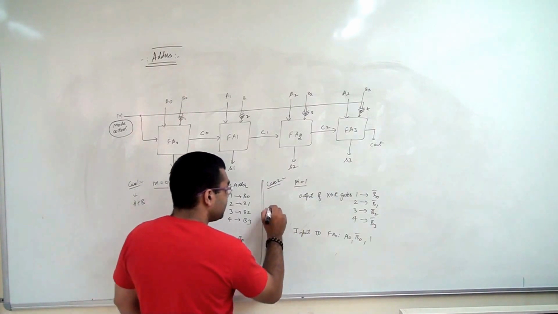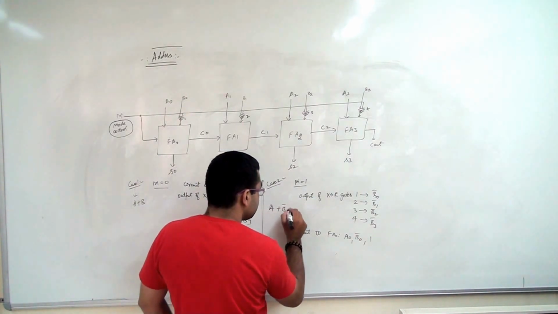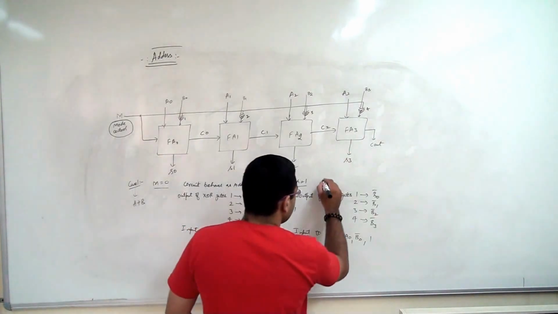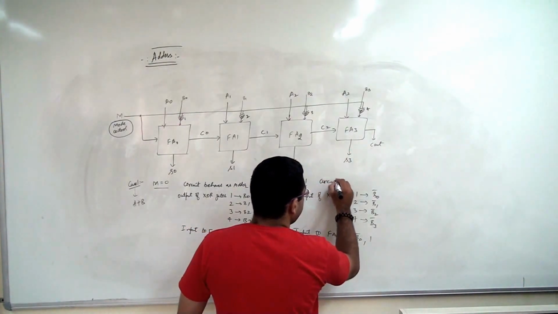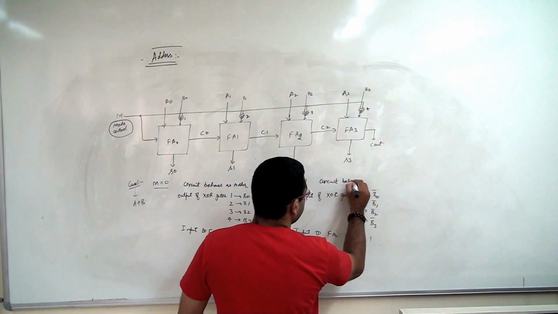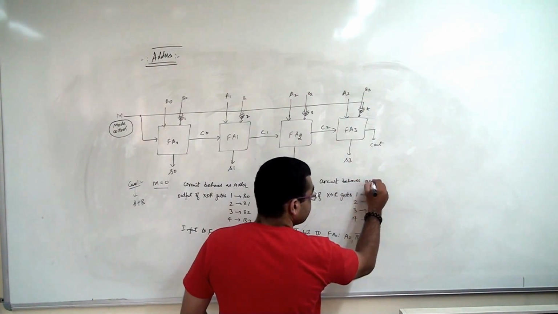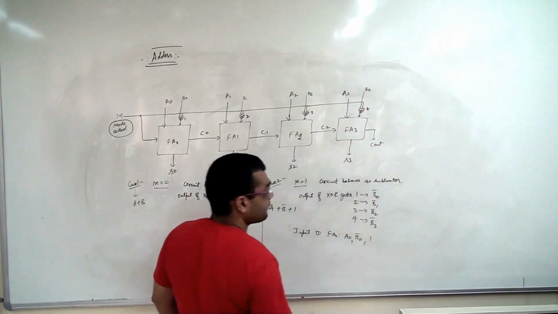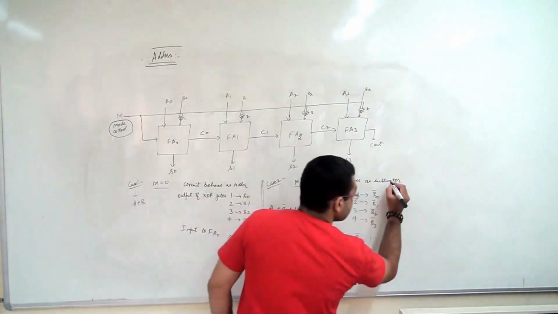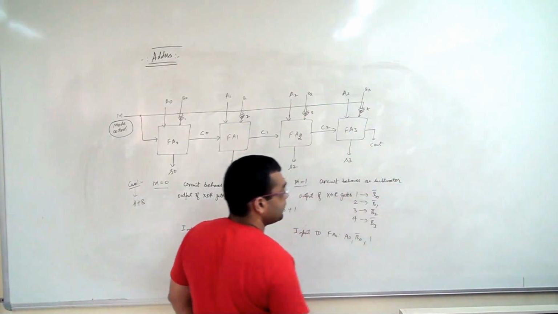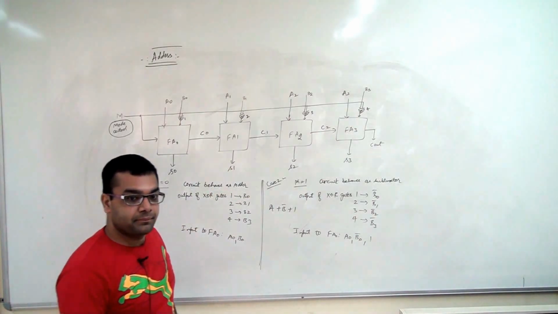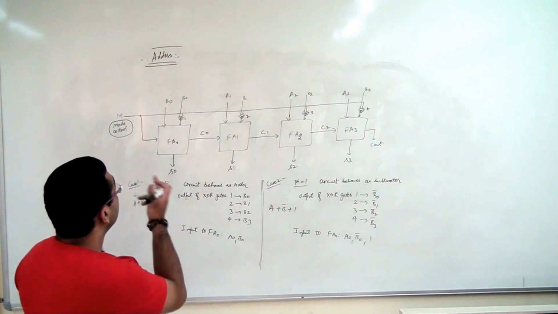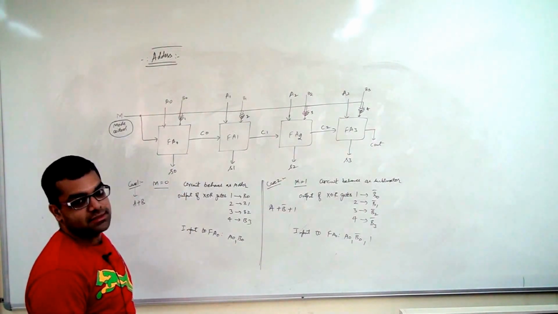And here I will now be performing A plus B bar plus 1. So now my circuit behaves as a subtractor. This is actually a subtractor. Pardon me for my writing. Alright, so the same circuit behaves as an adder as well as a subtractor.